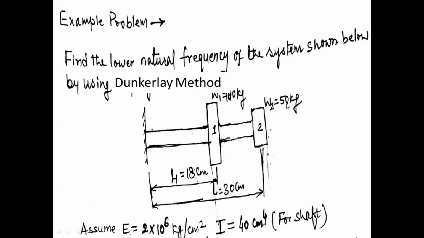The modulus of elasticity, or the Young's modulus, for this shaft material is given as 2 into 10 to the power 6 kg per centimeter square, and the second moment of area I is given as 40 centimeter power 4.